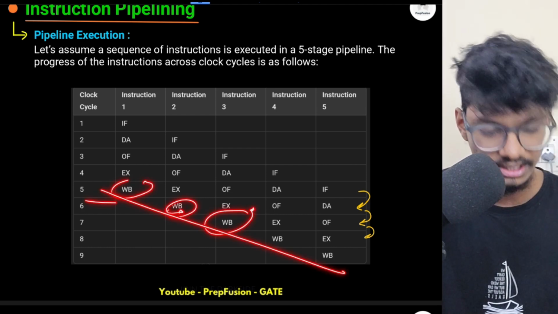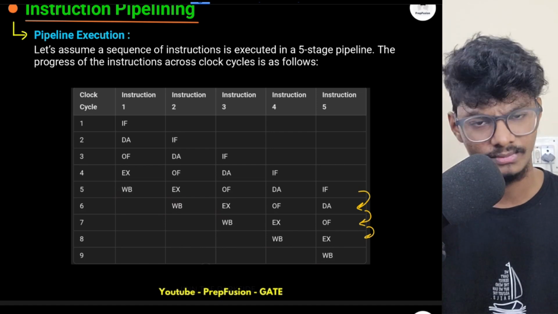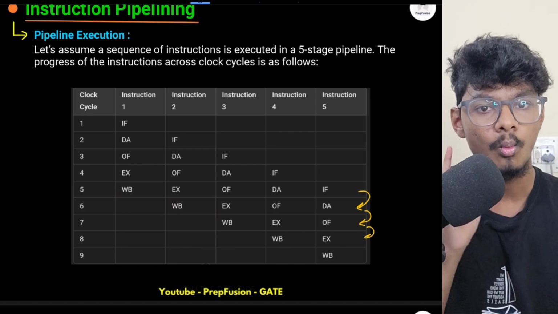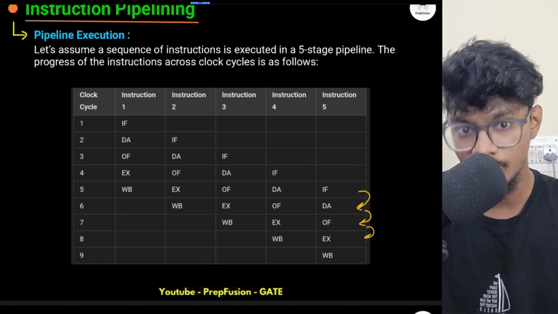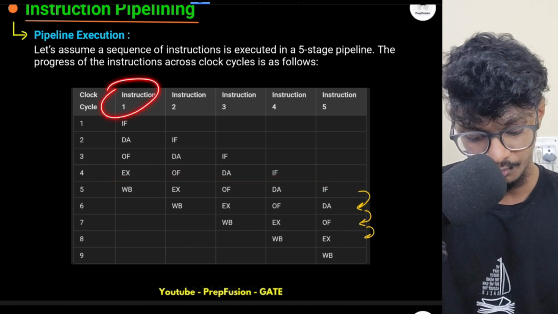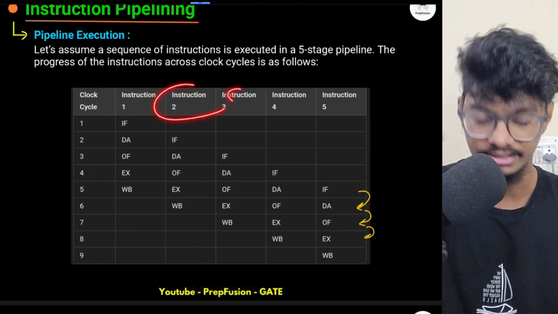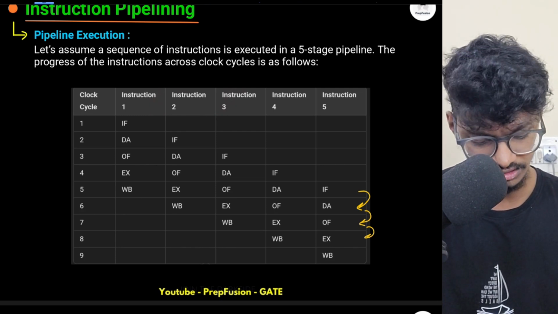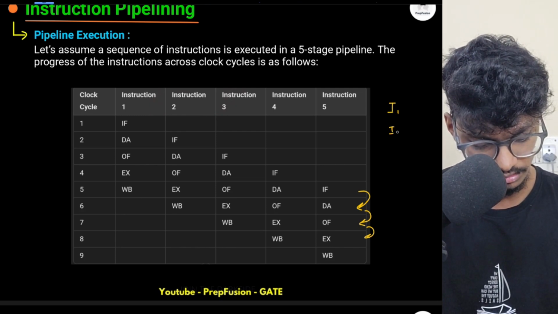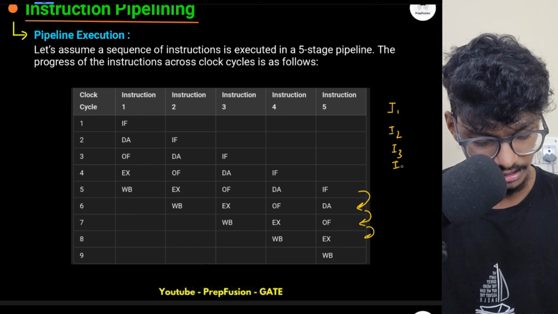So at each clock cycle, I'm getting some results. Everything is smooth. But what if it was sequential? The CPU knew that I had to first perform I1, I2, I3, I4, everything sequentially.